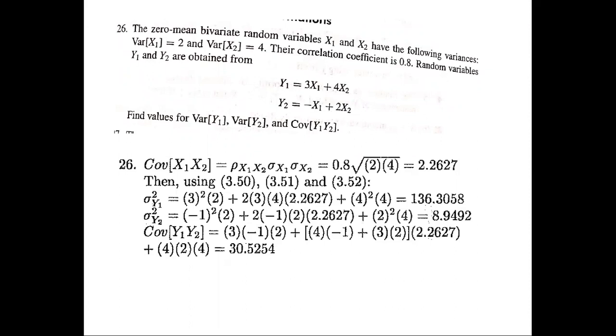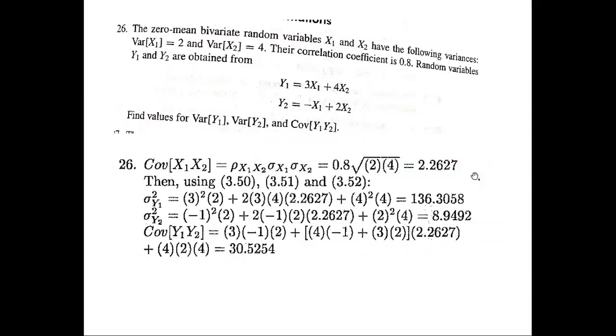Because the means of x1, x2 are zeros, the means of y1, y2 will again be zeros, because of the simple formula we have over here, which corresponds to 3.57 and 3.58. From there we can take out the quantities we need.